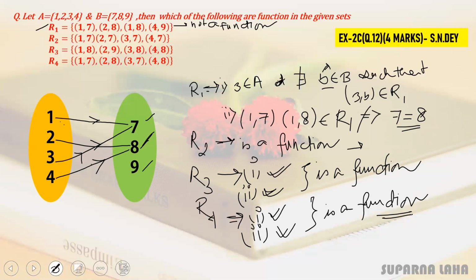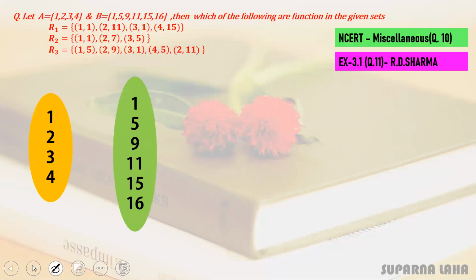So let's solve more problems of this type from NCERT. The set A is given as 1, 2, 3, 4 and set B is given as 1, 5, 9, 11, 15, 16. These elements are present in set B. So check this first one, R1.